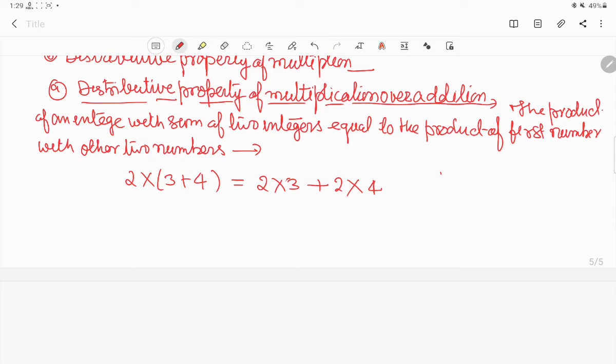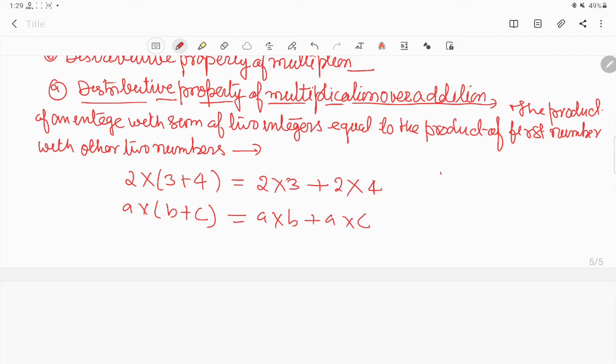The sum of these products is equal to the product of a number with the sum of two numbers. In general, we can say that a into (b plus c) is equal to a into b plus a into c. This property is called the distributive property of multiplication over addition.